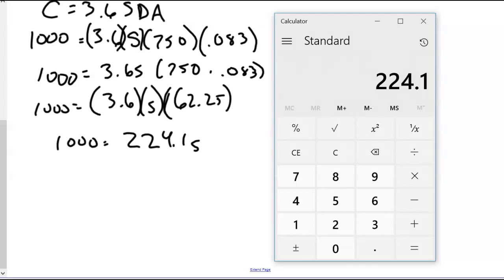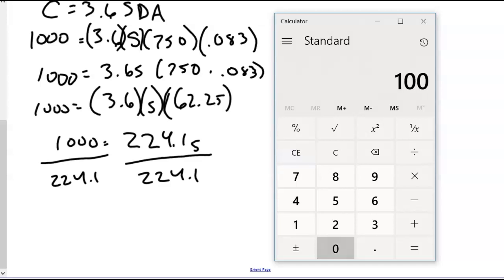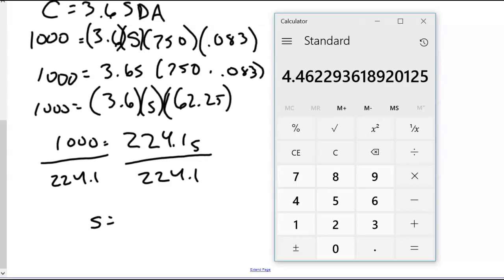To isolate your variable and get it by itself, you do the opposite operation. So 224.1 S divided by 224.1, and what you do to one side, you have to do to the other. So 1,000 divided by 224.1, and we end up with S equaling 4.46 when we round.